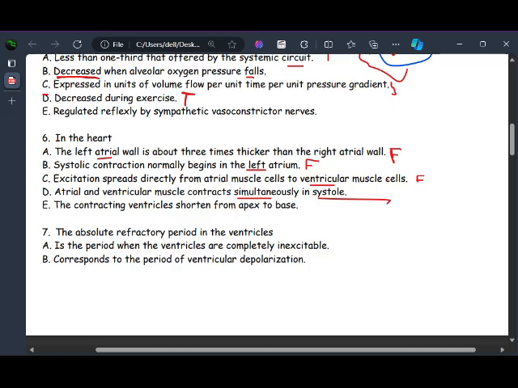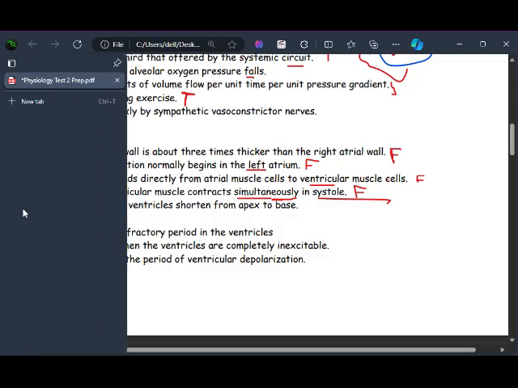Then they contract so that they push the blood out through the pulmonary artery and the aorta. So that makes this option false as well, because they do not contract simultaneously, they contract asynchronously. That means at different times, not at the same time.